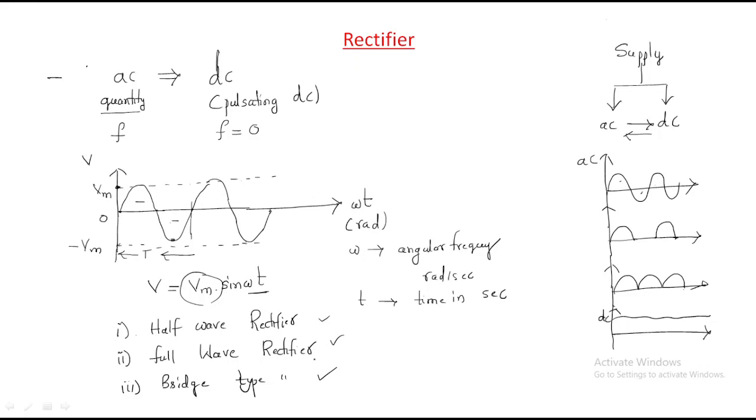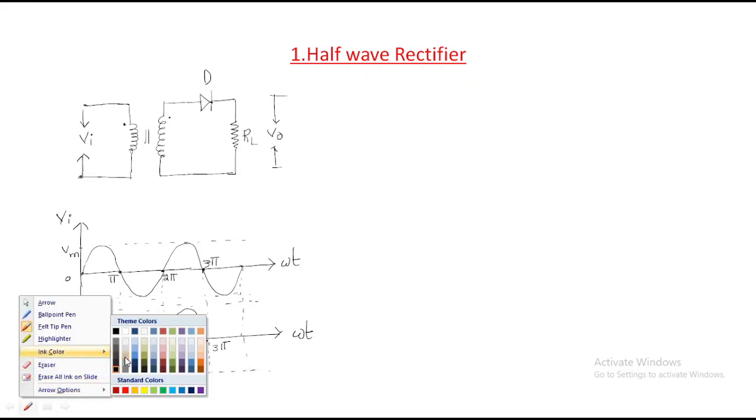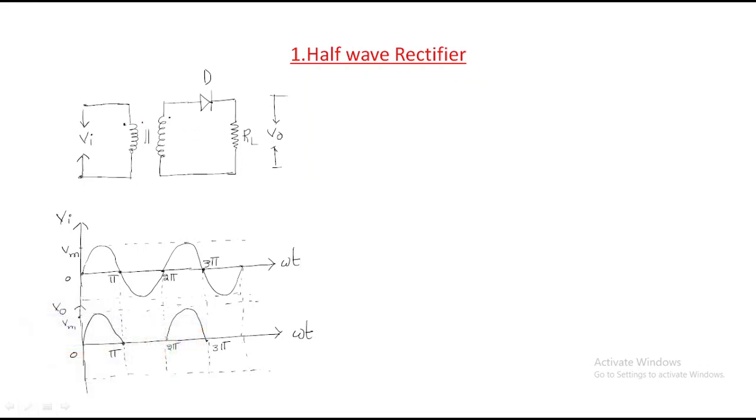We go for the first rectifier, that is the half wave rectifier. Look at this, the circuit of the half wave rectifier. In this half wave rectifier we are using a transformer. You know the transformer, this is the input and this is the output.